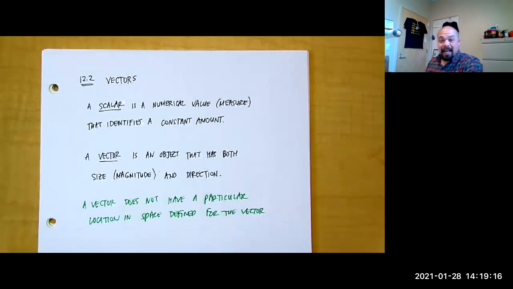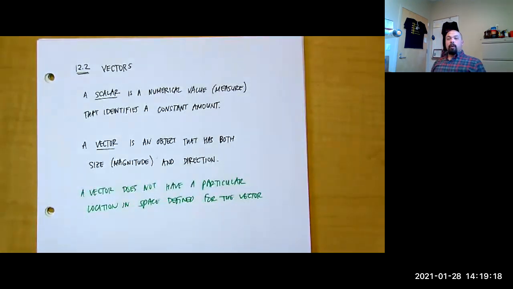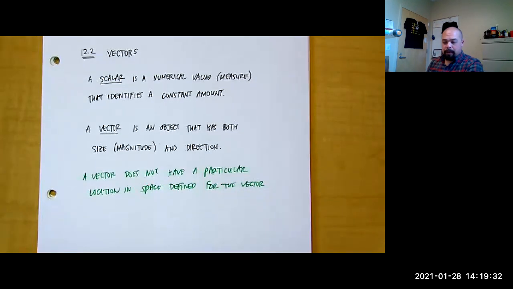Really all we have is the size and direction that it is pointing, right? Because we typically draw these arrows, but really it can live anywhere in space, anywhere in our 2 or 3 dimensional coordinate systems, okay?